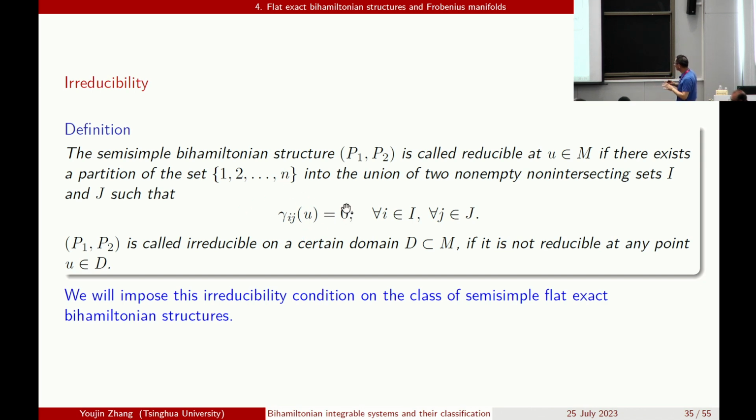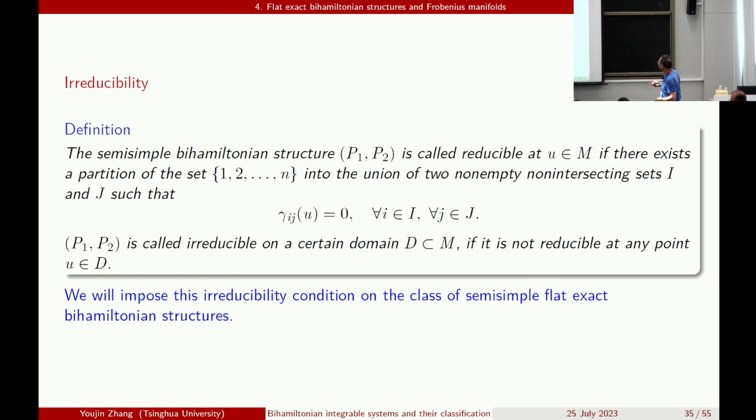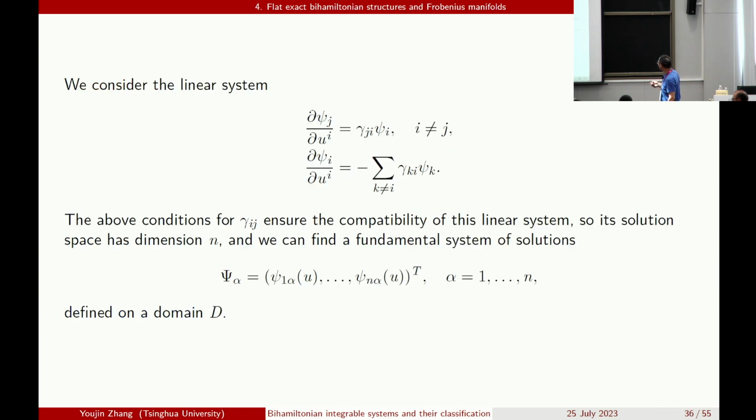So we impose this irreducibility on these bihamiltonian structures. Then we will find that these Hamiltonian structures are always related to the so-called Frobenius manifold structure of Dubrovin.